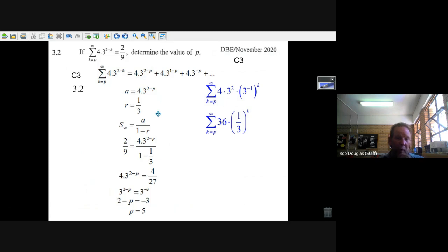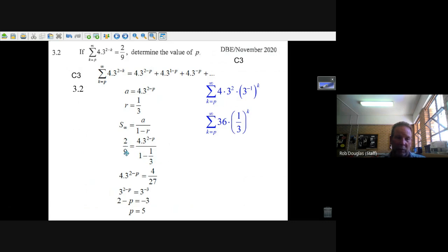Now we know from before that r is equal to 1/3, and we've got the sum to infinity is 2 over 9. So the sum to infinity, put in 2 over 9 equals a, which is 4 times 3 to the 2 minus p, just the first term putting in p first, over 1 minus a third, which is 2/3.